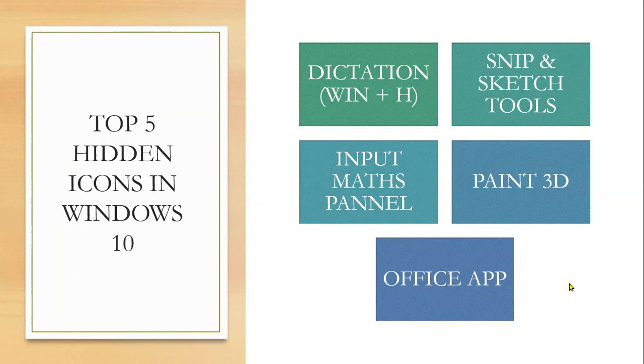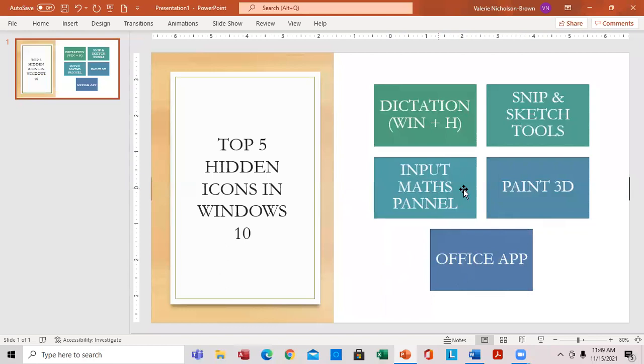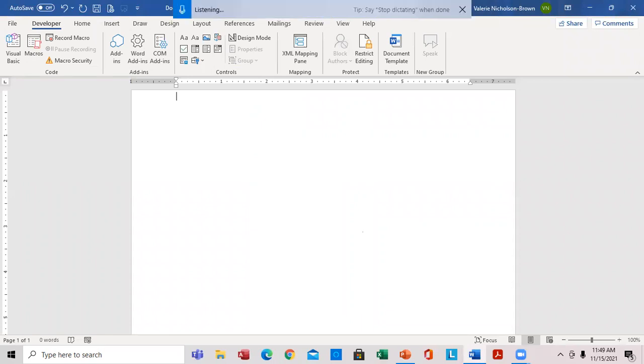All right, so very important: how do you get some of these apps right here? The first one you want to look at is dictation, but we want to bring up Microsoft Word first. We're going to press the Windows key plus H together. As soon as I press it, you notice up here it says listening.